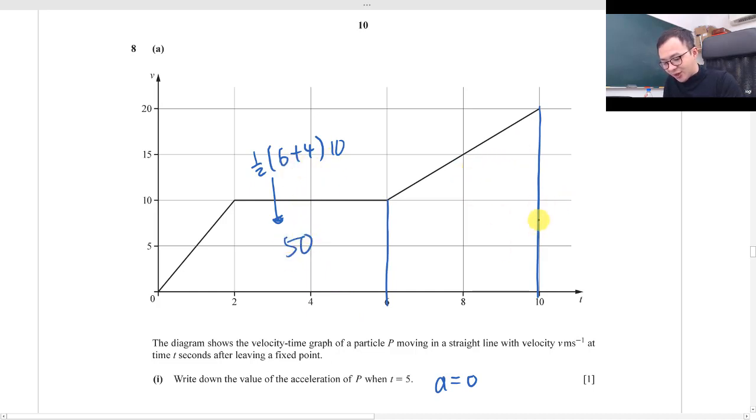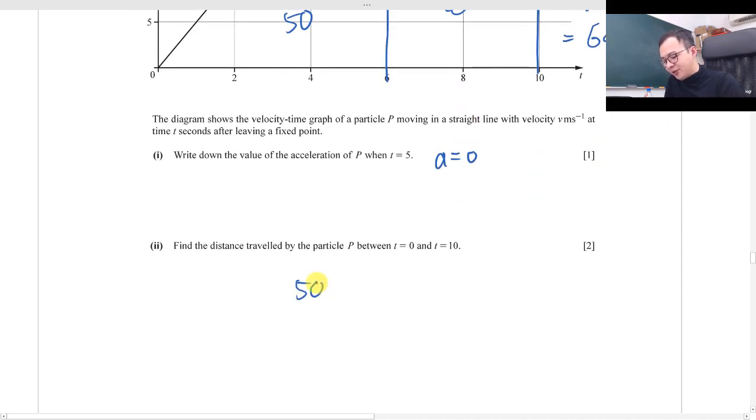The second trapezium is half times (20 plus 10) multiplied by 4, which is 60. So the total distance traveled is plus together, which is 110. Quite straightforward.